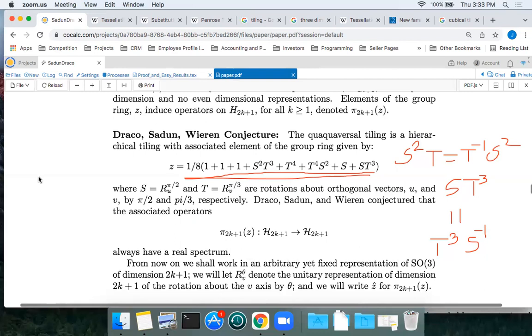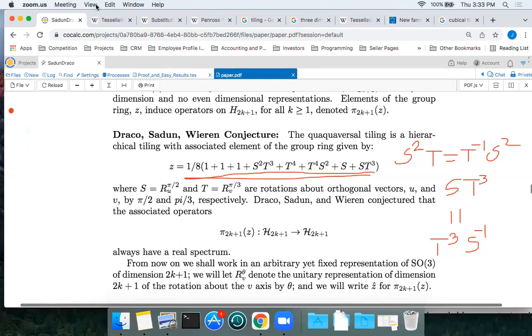It means if you apply the averaging operator, well, anyway, rapidly approaching the... well, okay.